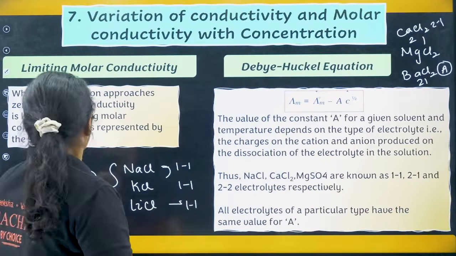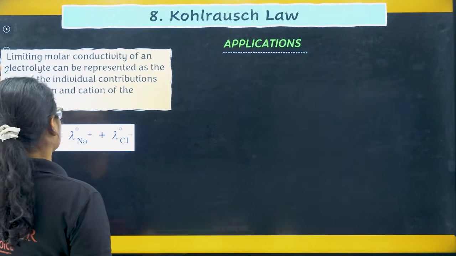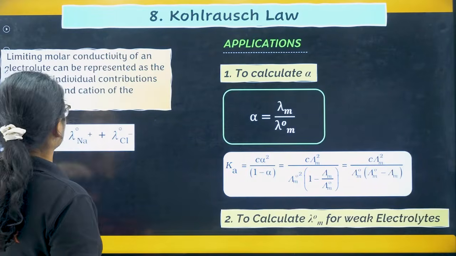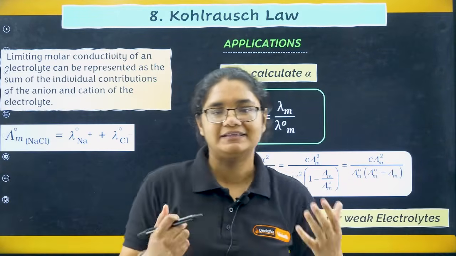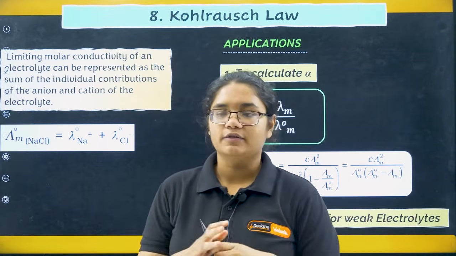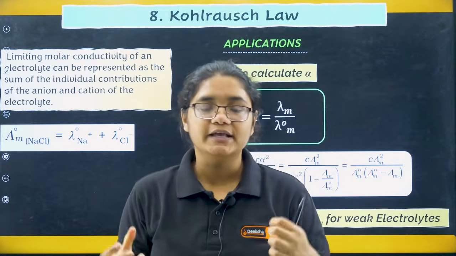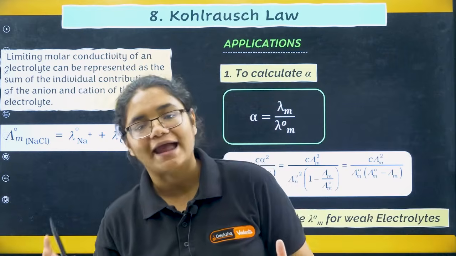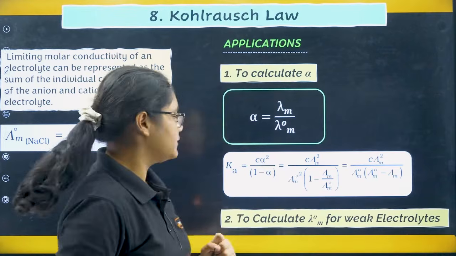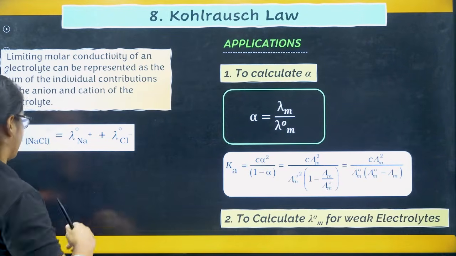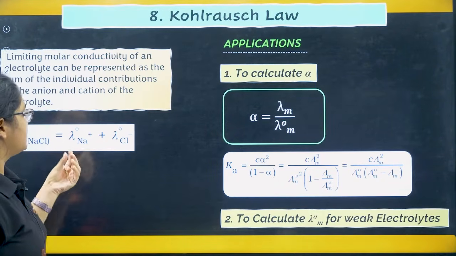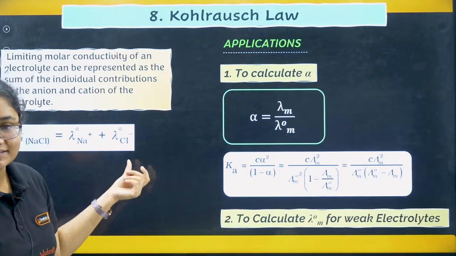Getting? Okay, now next we have Kohlrausch's law. It is a very simple law which says that the conductance of an electrolyte is due to the combination of conductance of its cations and anions, right? For example, if I want to calculate the molar conductivity of NaCl, it is due to the molar conductivity of Na plus and Cl minus.